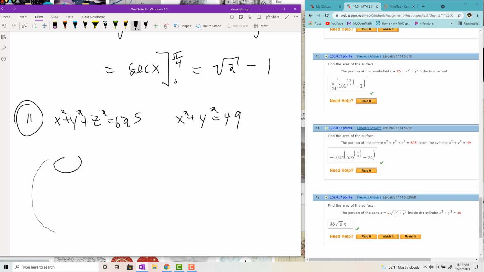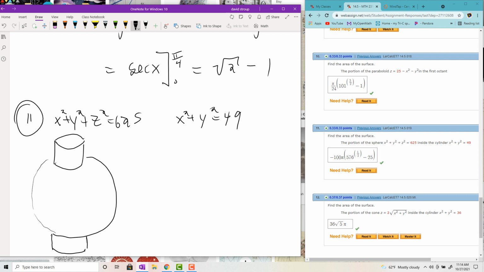Thinking about what that looks like, you have the hole where the cylinder is popping up through the top of it. I should draw it a little better. And then going down through the bottom. So what do they want the surface area of?